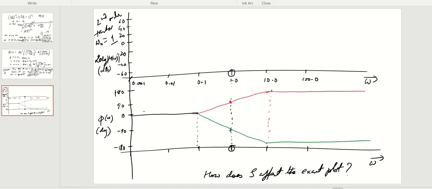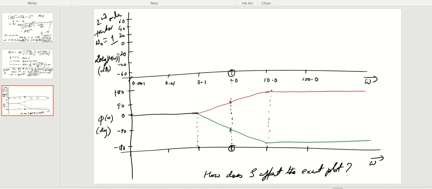There are several ways. One way could be that it just goes simply like this, like a first order system. Or it could go cross over this asymptote once, then cut across the asymptote again, and then go like this. But what should be the exact pattern?